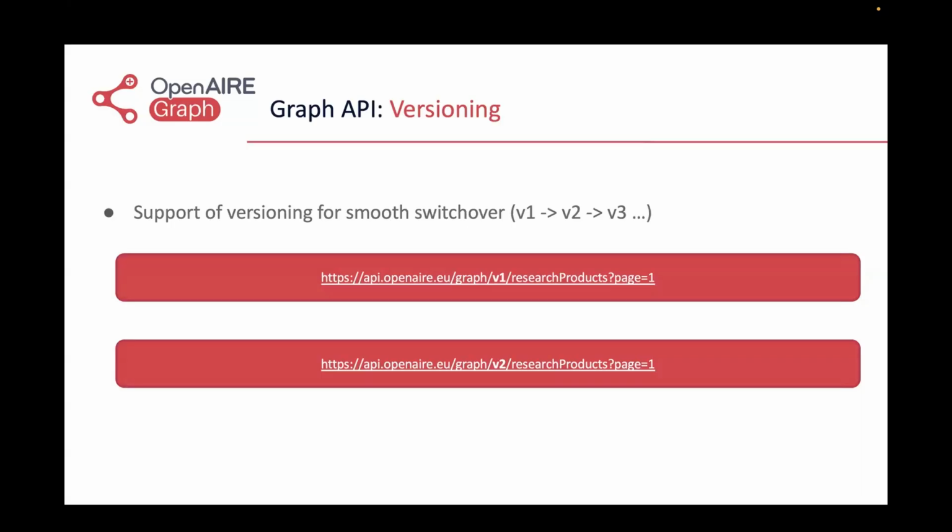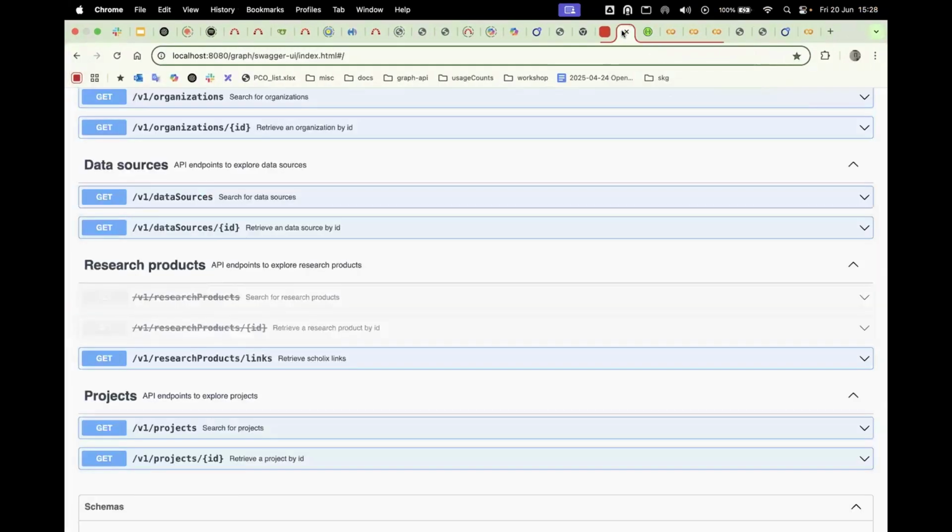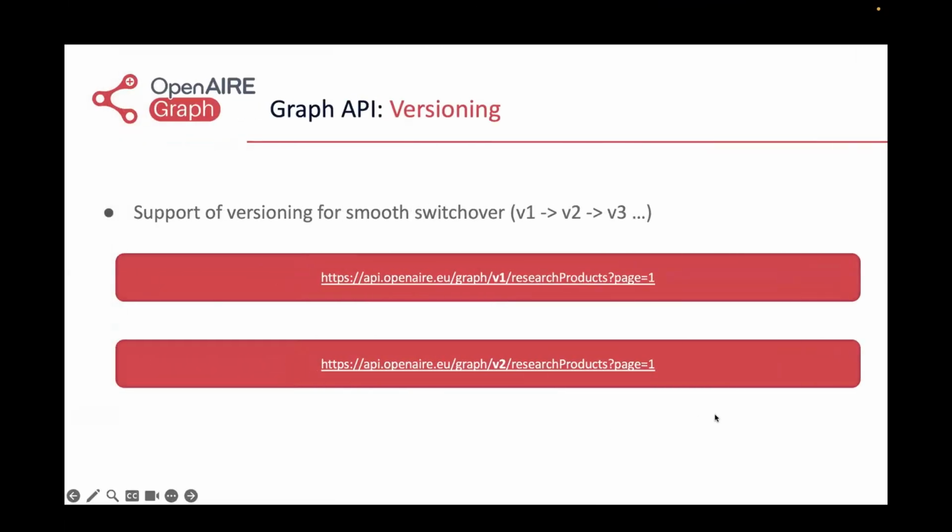What was missing was the normalization of the result, which allows finding information also for affiliated organizations, projects that may fund that specific result, and the data source we collect this information from. You could have got this information also, but you would have had to perform a lot of queries to the API.